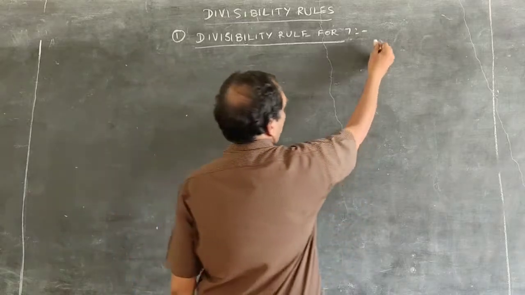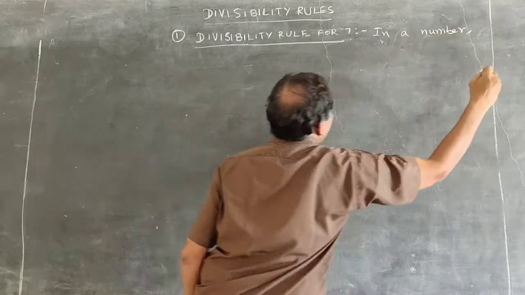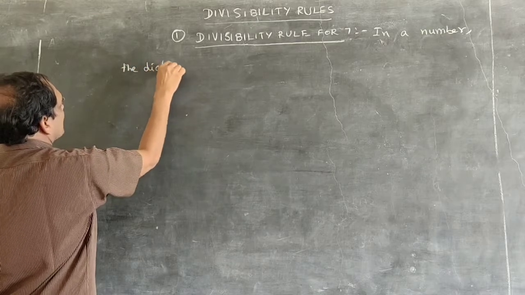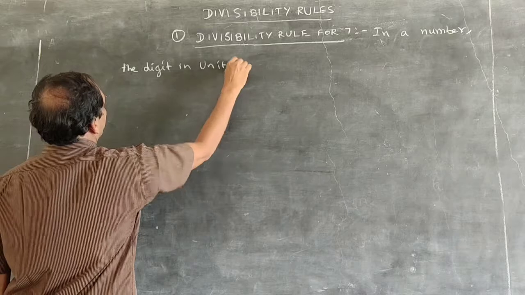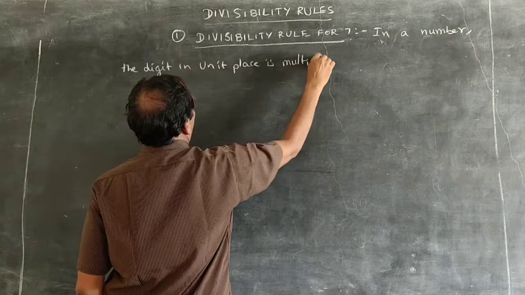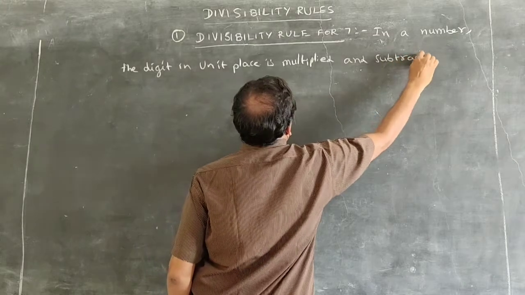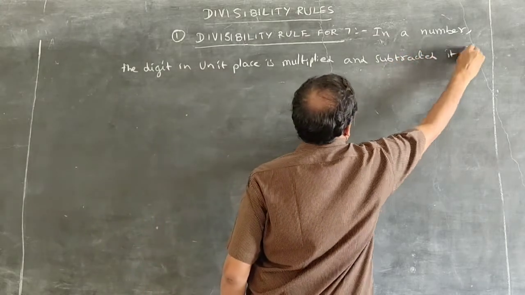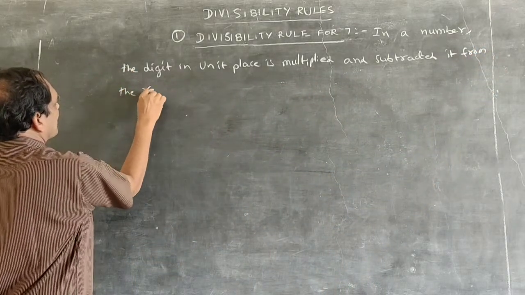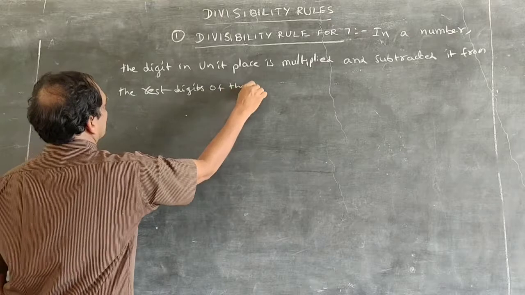So in a number, the digit in unit place is multiplied by 2 and subtracted from the rest digits of the number.